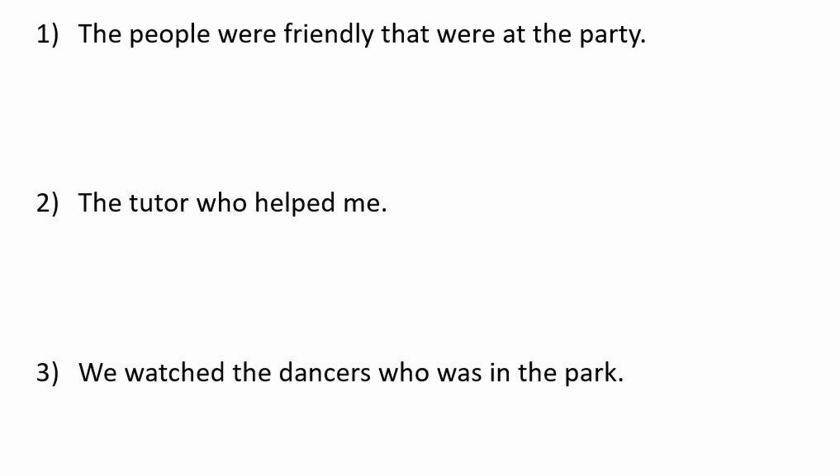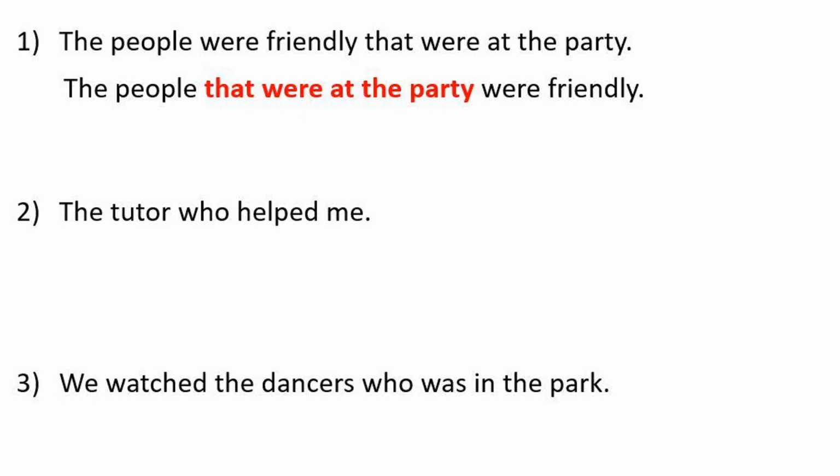In example number 1, I hope that you caught that the adjective clause is not in the correct position. Remember, adjective clauses must go directly after the nouns that they describe. In the sentence that I've given you, it's actually after an adjective. The adjective clause should go directly after the people. And so that's the mistake with sentence number 1.